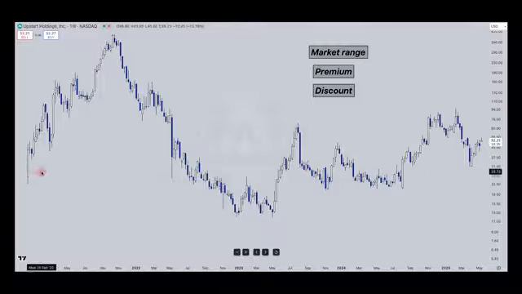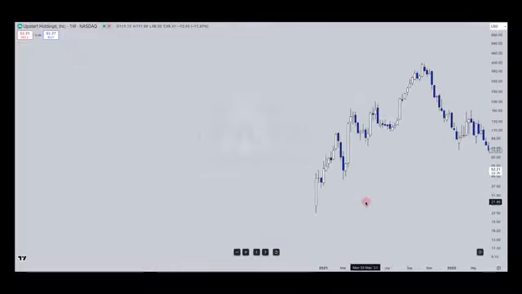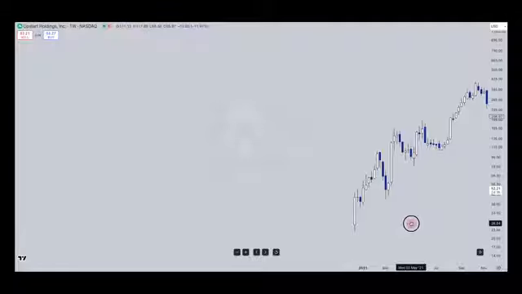So we're going to consider this portion of the market right now. When the market is moving upwards, this is the time in the market when it's in an uptrend.